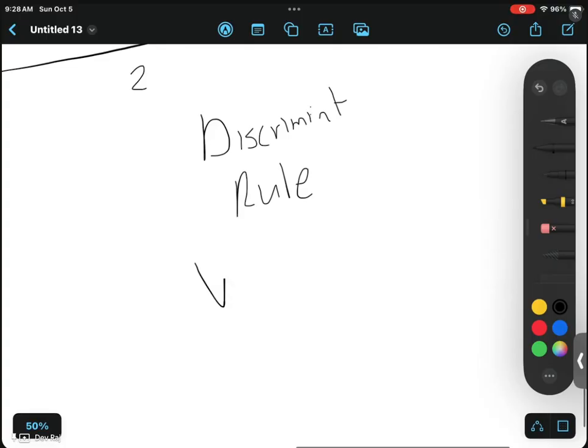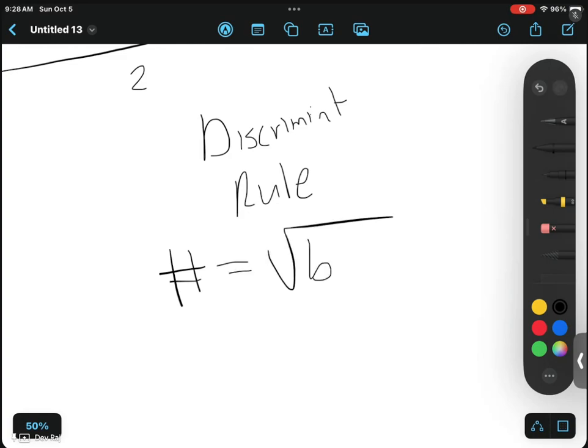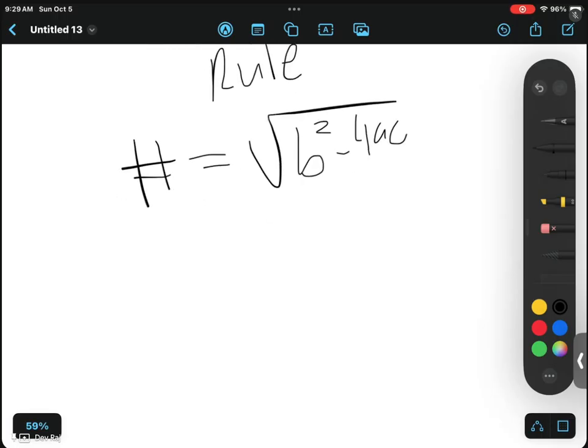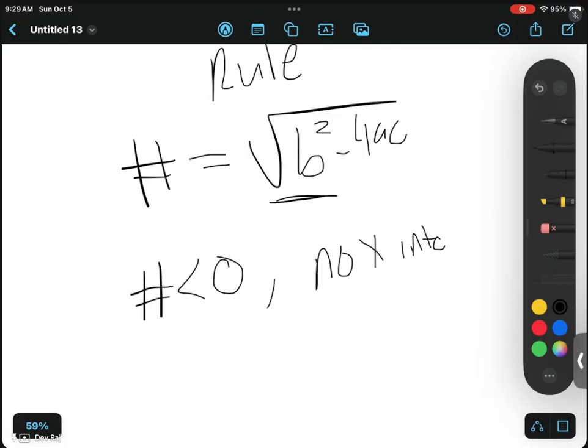It's whatever number you get from b squared minus 4ac, right? This is another thing to memorize. If this number is less than 0, then this thing has no x-intercepts, right?